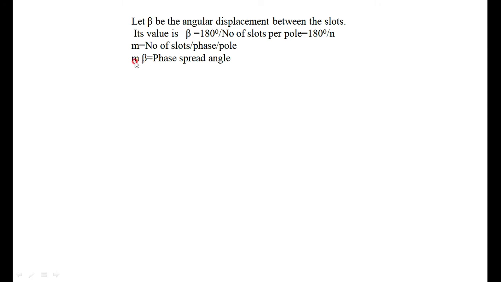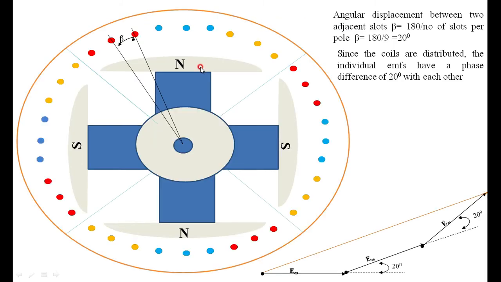Then there is one more terminology we are defining here. It is M beta. This M beta is called the phase spread. What do you mean by phase spread?